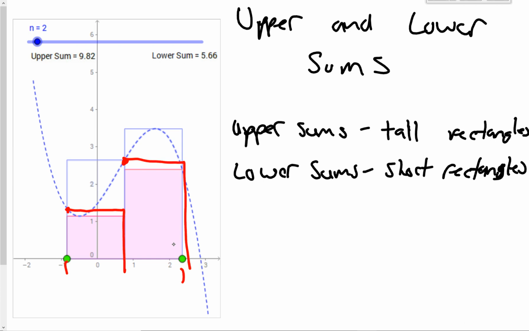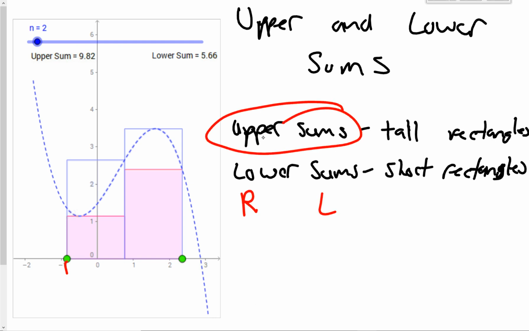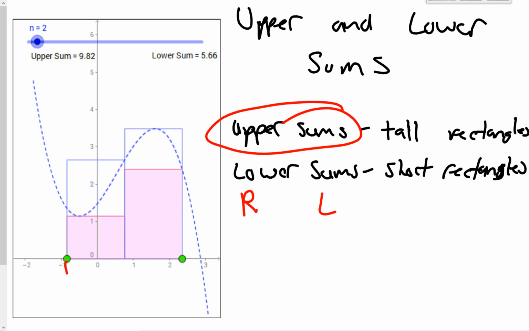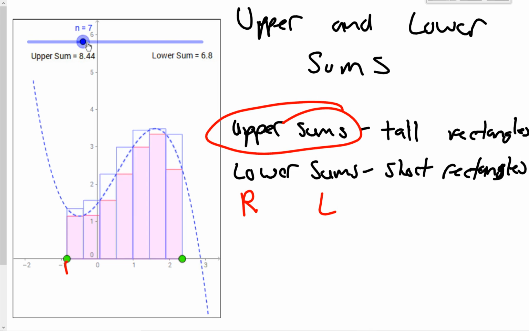So that's not going to be a lower sum or an upper sum. So in order to figure out a pure upper sum or pure lower sum, sometimes you might have to mix right-handed ones and left-handed ones in order to get an upper sum. And in order to get the lower sum, you might have to mix them. As you look at a graph, it might switch.